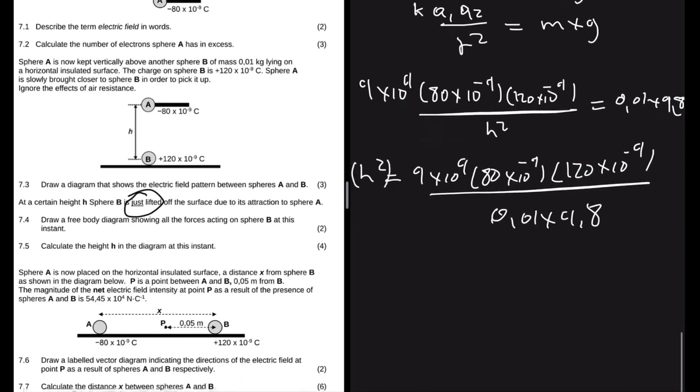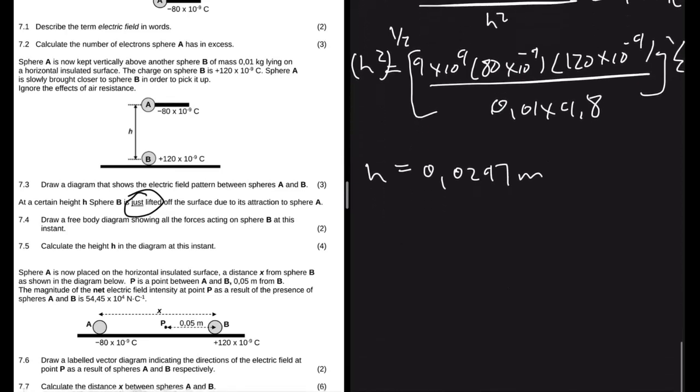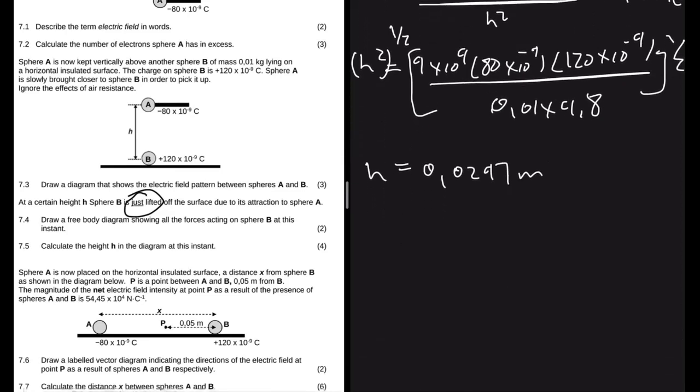So we'll say H squared to the power 1 divided by 2 is equal to this entire expression to the power 1 divided by 2. So H will be equal to 0.0297 meters, right?